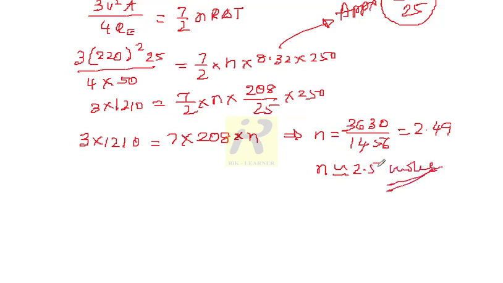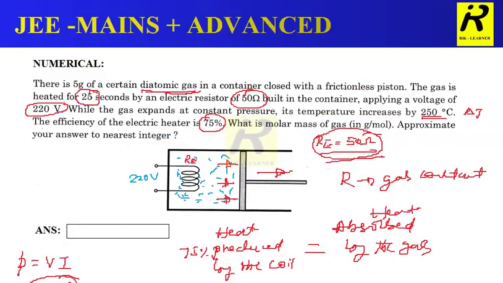Okay, so moles. But what they are asking us is the molar mass, in gram per mole. How much mass has been taken? The sample mass in the container is 5 gram. This is m, and molar mass is usually represented by capital M, right?